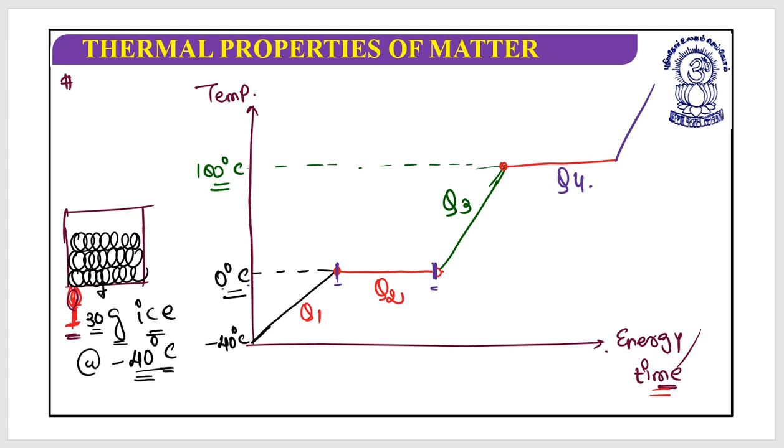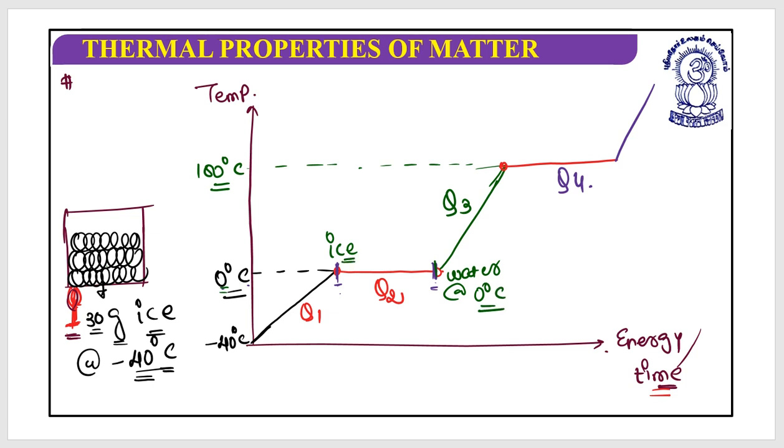So the thing is, here the energy is being used to change the state at 0 degrees Celsius. Your ice cube was in the form of ice at 0 degrees Celsius, while at this point it is water. Again, temperature is the same.